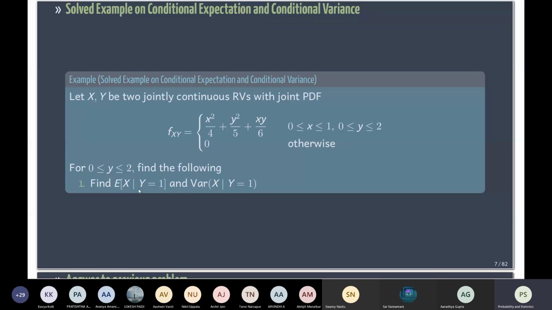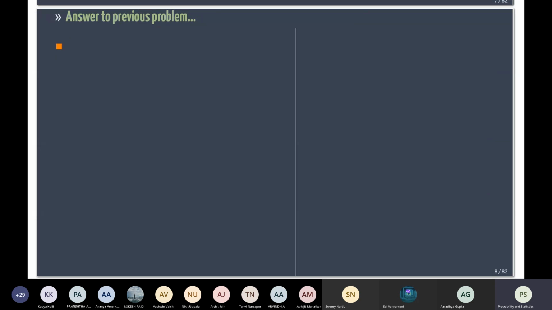We are supposed to find the expectation of x given y equal to 1. If we write this down, it is the integral from minus infinity to infinity of x times the conditional expectation of x given y, dx. This is already found.